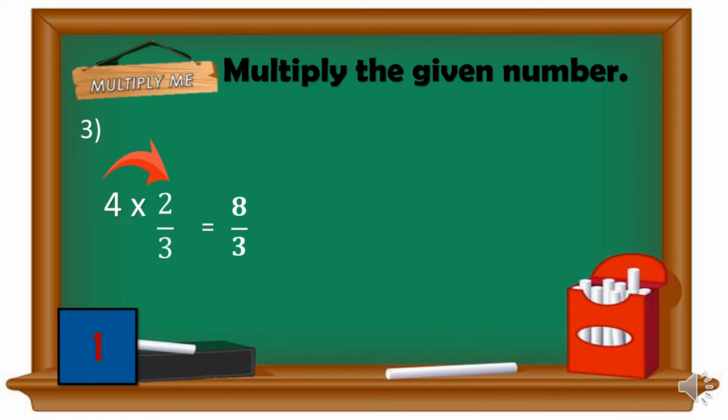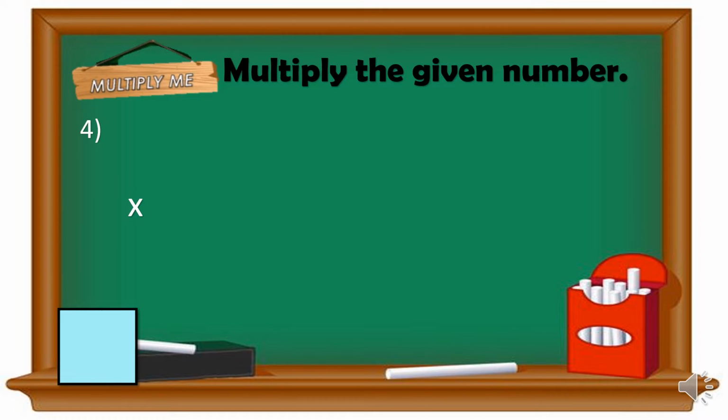But this is an improper fraction, so we have to simplify the answer. So that is 2 and 2/3. How did we get this answer? We divide 8 by 3. So 3 divided into 8, we have 2 and the remainder is 2, and then we copy the denominator, which is 3.